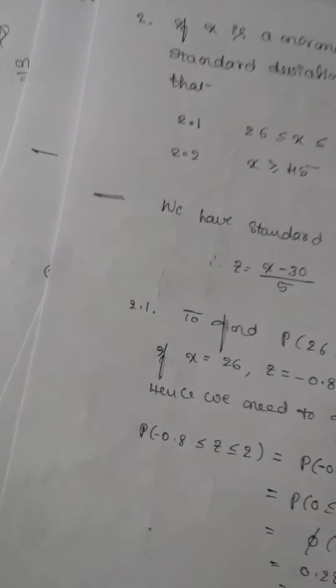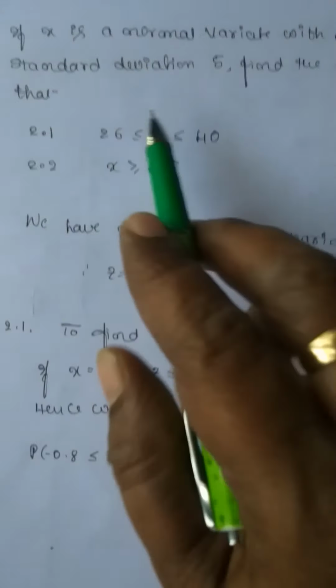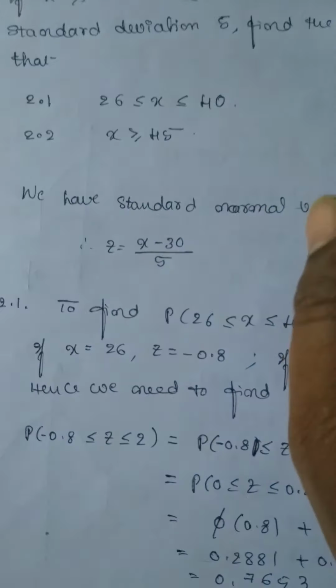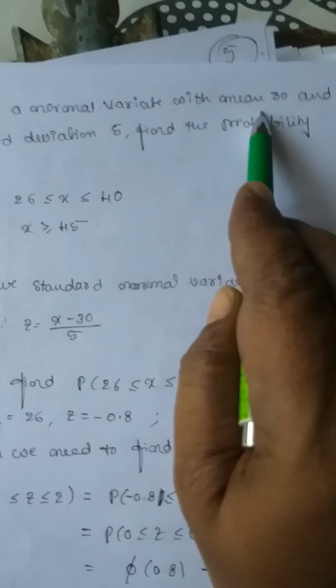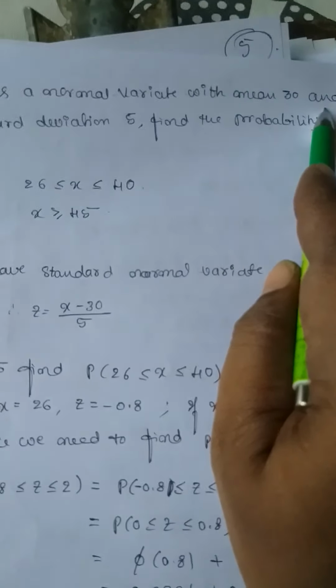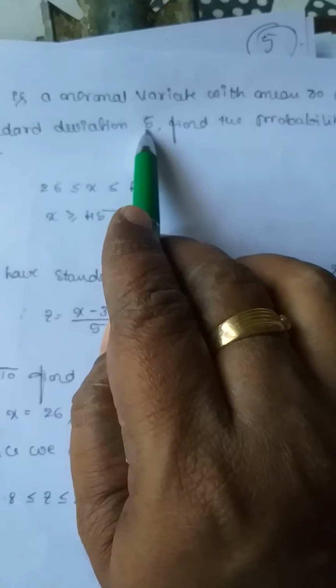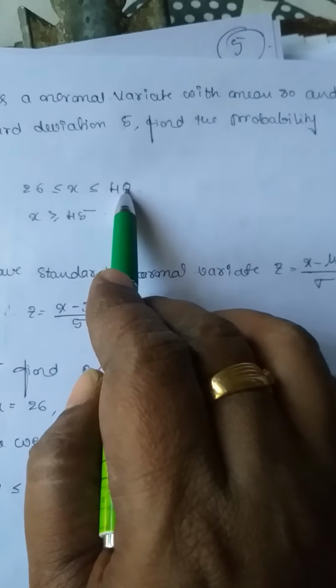Okay. Now I can concentrate on the next problem. X is a normal variate with mean 30 and standard deviation 5. Find the probability that X lies between 26 to 40.